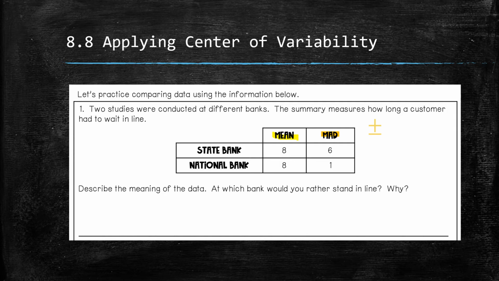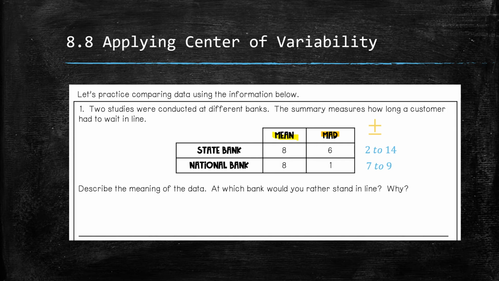When I do that, I get 2 to 14 at Statewide Bank, and for National Bank, I get 7 to 9. So at Statewide Bank, I could be waiting in line for 2 minutes, or I could be waiting for up to 14 minutes. And at National Bank, I can wait in line between 7 and 9 minutes in general.